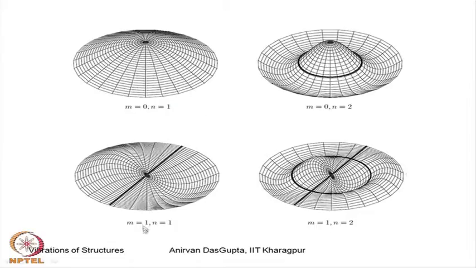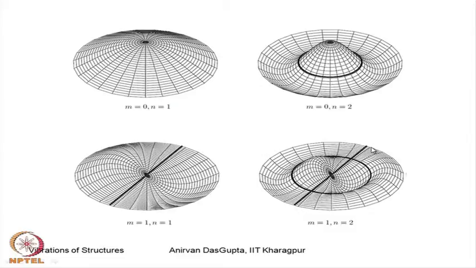Now, as you increase m, you generate a nodal line or nodal diameter, as you can see here. For n equal to 1, you do not have any nodal circle, whereas for n equal to 2, you have one nodal circle, and for m equal to 1, you have this nodal diameter.